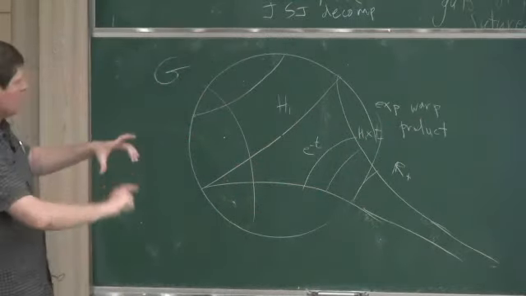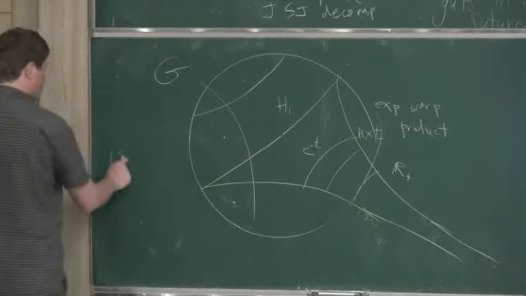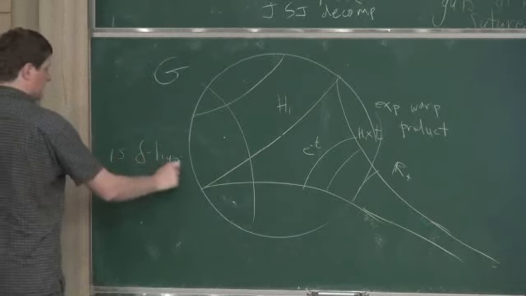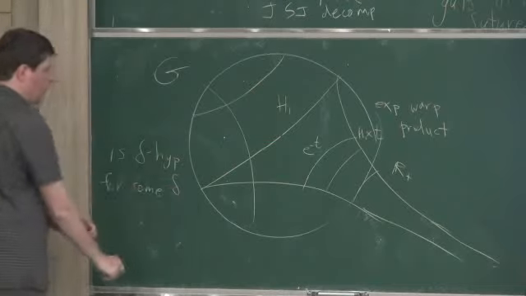You can just do that. You attach on these things, and that should be a delta hyperbolic space, is delta hyperbolic for some delta. So that's what relative hyperbolicity means.